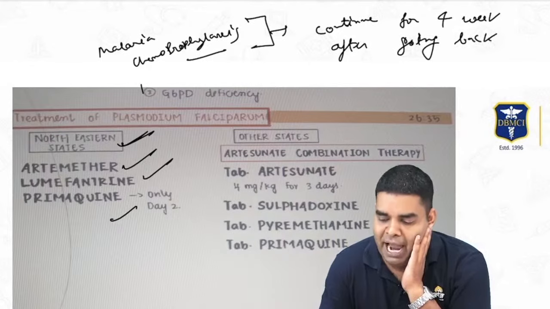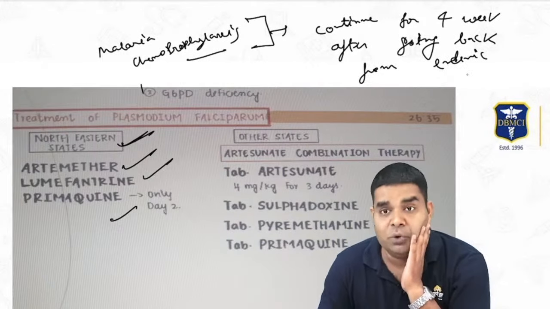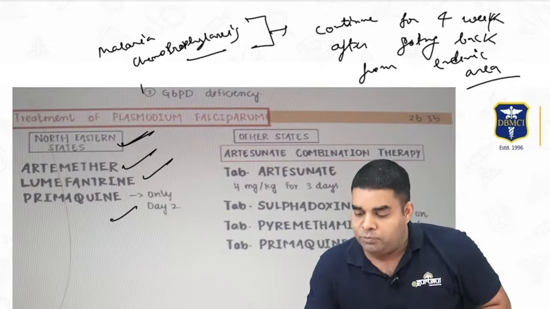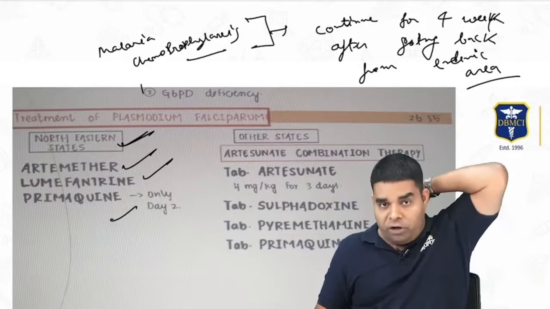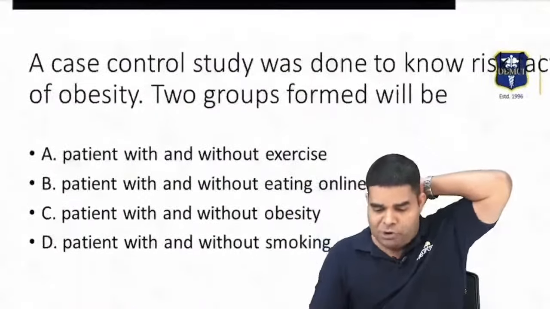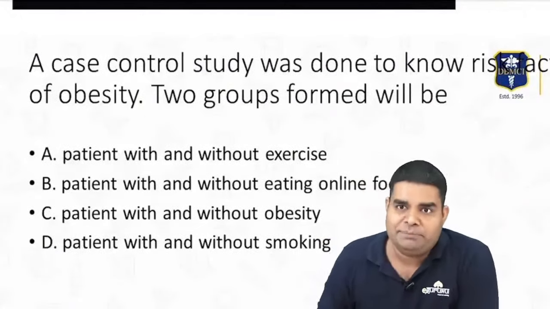Even after going back from India or an endemic country, they should continue taking the tablet of chloroquine or doxycycline or atovaquone for the next 4 weeks. Okay, remember that.